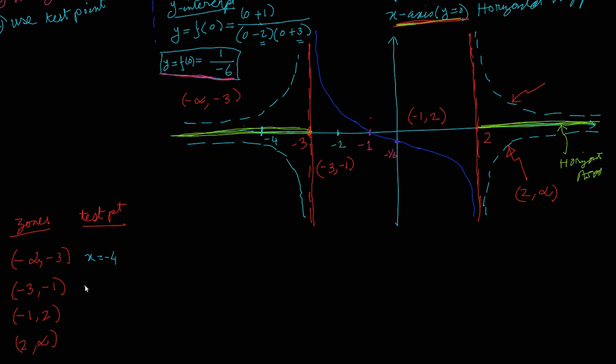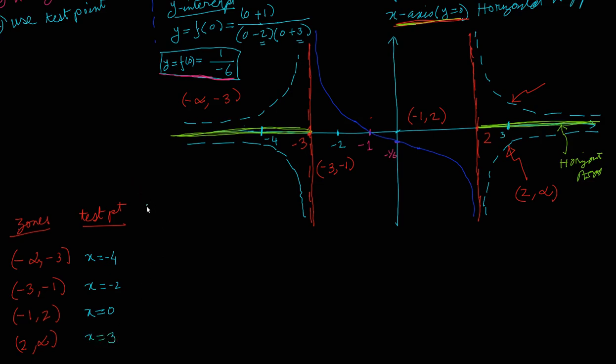From the third zone, I'm going to choose a point at x equal to 0. And for the fourth one, I'm going to choose a point at x equal to 3. So these are my 4 zones.